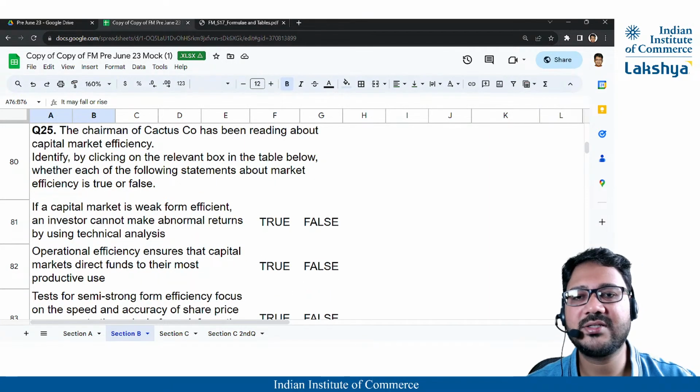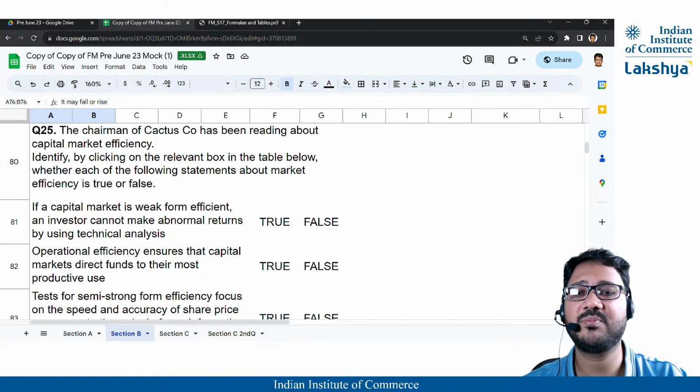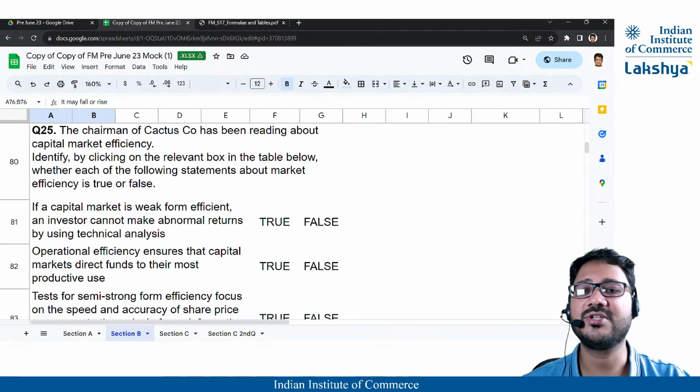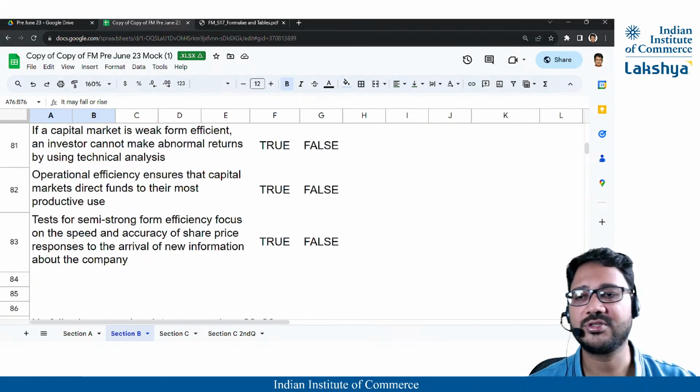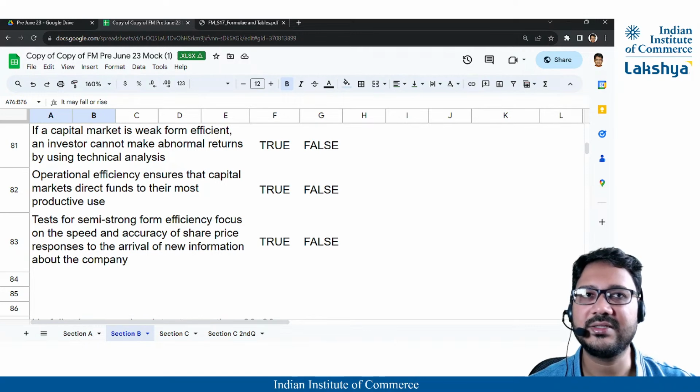The chairman of Cactus Company has been reading about capital market efficiency. We have already discussed this in section A. Identify by clicking on the relevant box in the table below whether each of the following statements is true or false. If the capital market is weak form efficient, an investor cannot make abnormal returns by using technical analysis.